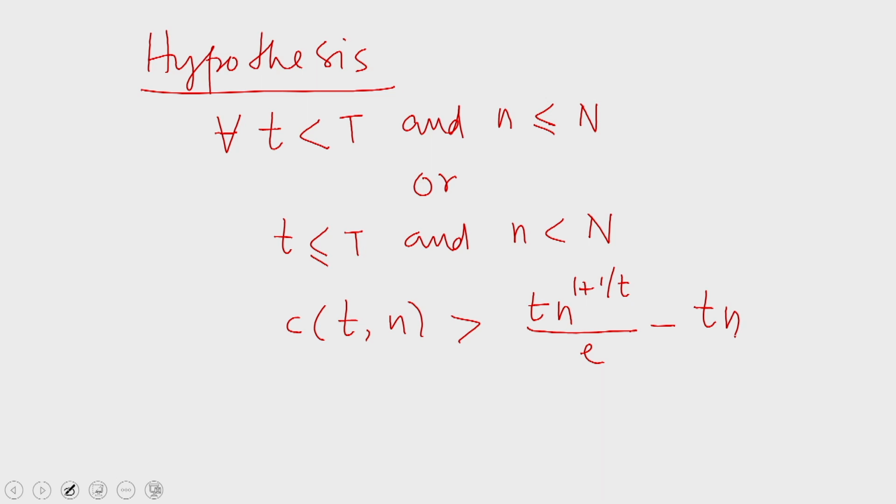So, this is what our hypothesis is. That is, we are varying n and t both.